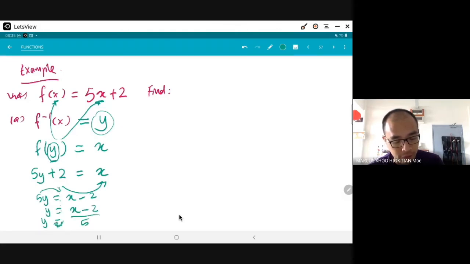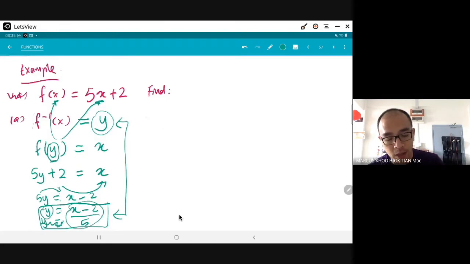Ini yang standard lah. And because of these two hubungan, kalau inverse function of x sama dengan y, and y sama dengan x minus 2 over 5, saya boleh simpulkan bahawa inverse function of x equals to x minus 2 over 5.